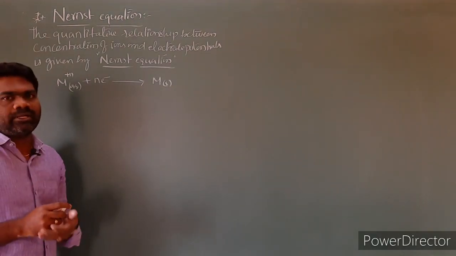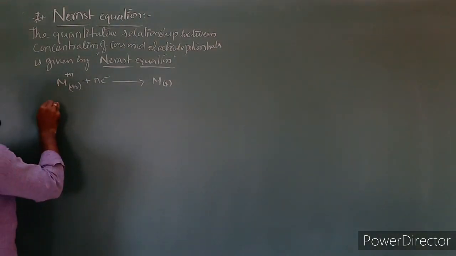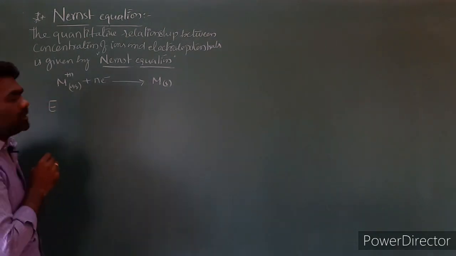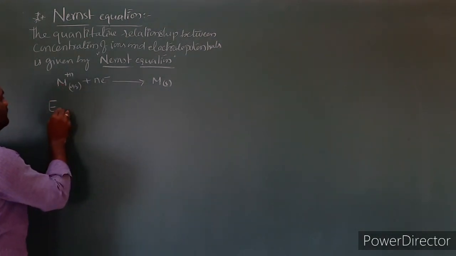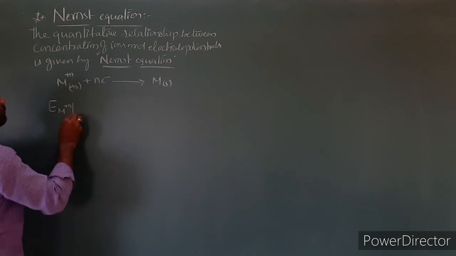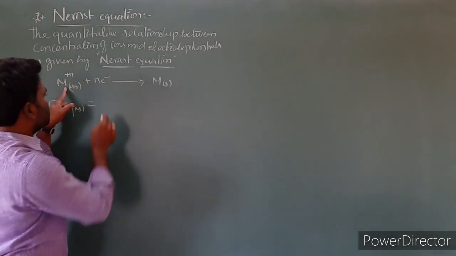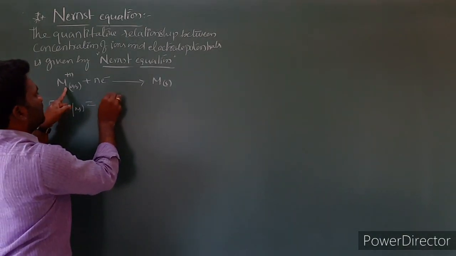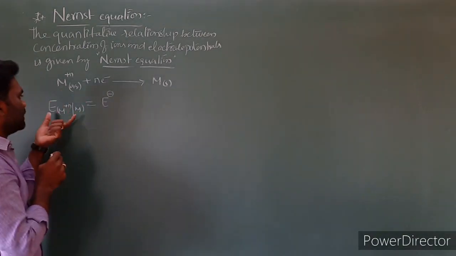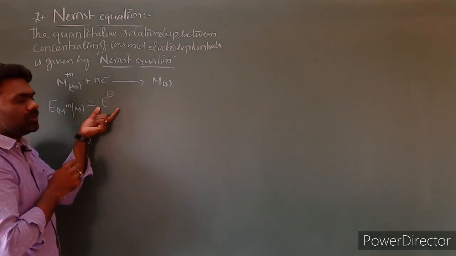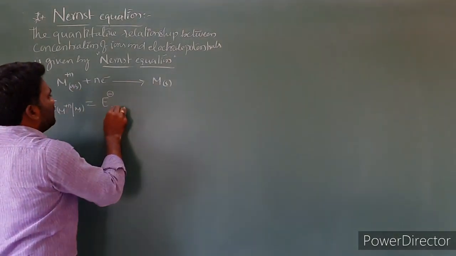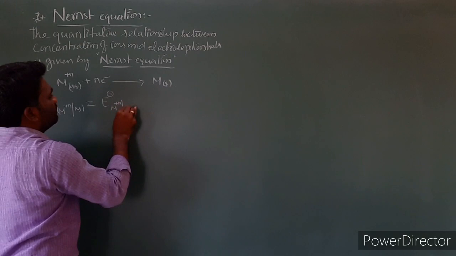For this case, we have to write electrode potentials. First, I am taking the electrode potential of the half cell M^n+/M is equal to, and I am writing the standard electrode potential of this half cell under standard conditions, E° of M^n+/M.